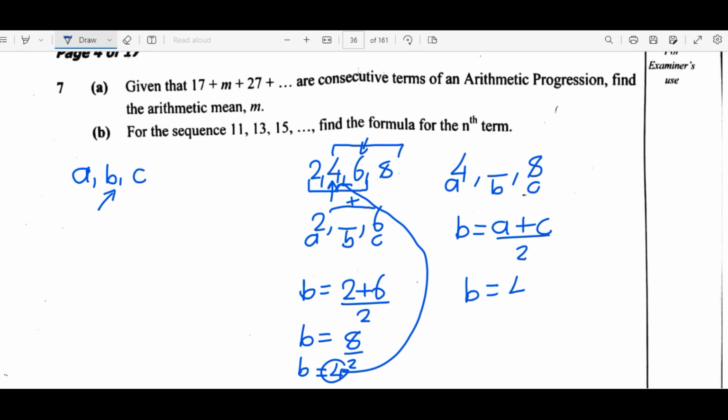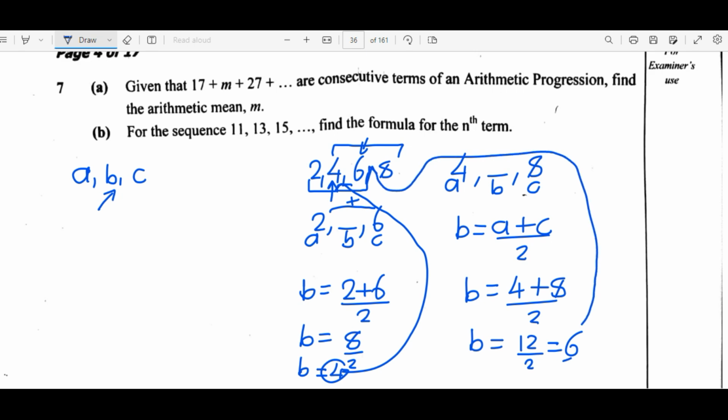So it's 4 plus 8 over 2. 4 plus 8 will give us 12 over 2, which is 6. We can see that we are still getting the same value here. So this is the concept that we want for us to find this value.